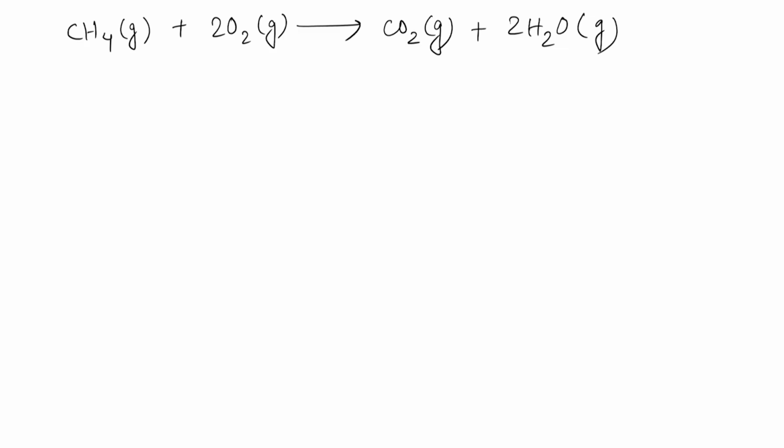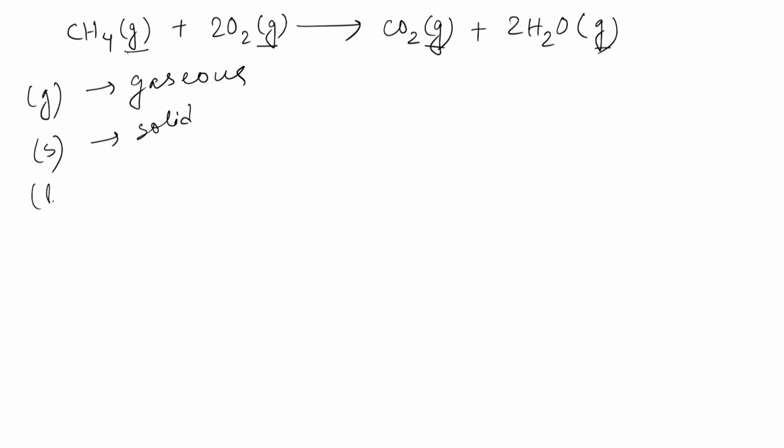First of all, we understand the gaseous reactants and products. G represents gases. Similarly, if any reactant or product is solid or liquid, we write S for solid and L for liquid. Sometimes the gases are also represented with the upward arrow.